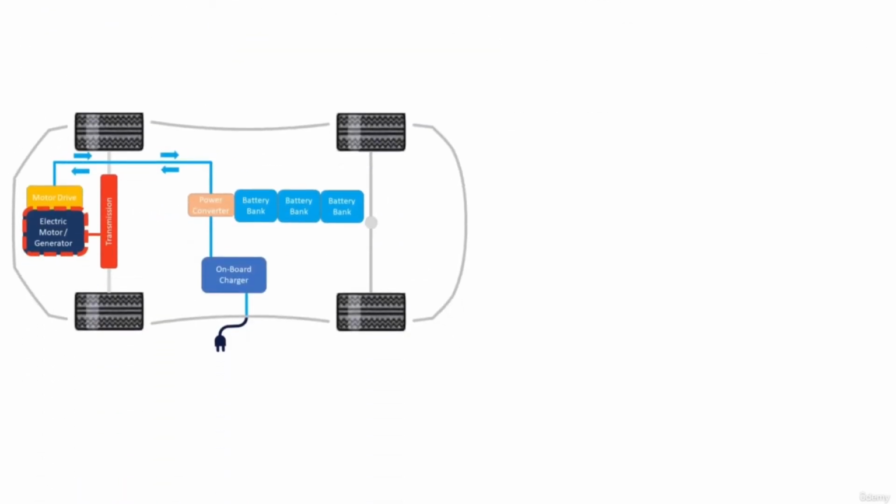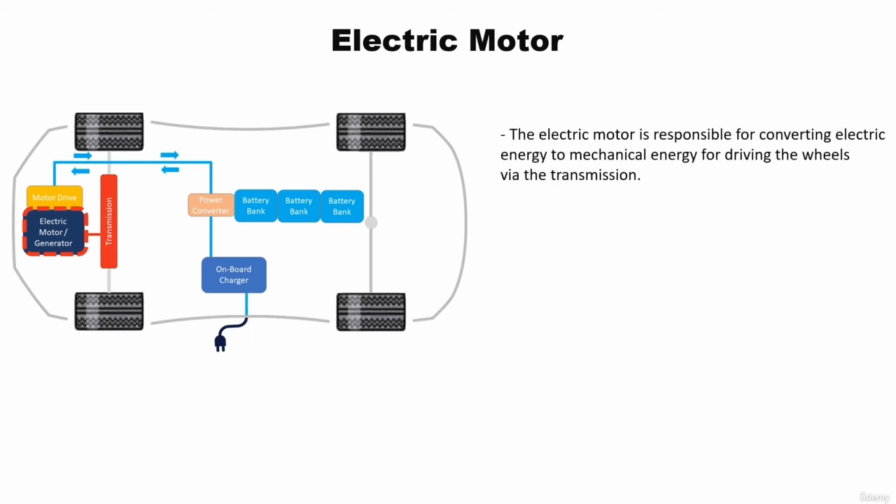We will now look at the electric motor, which together with the batteries are the two vital parts of the electric car. The electric motor is responsible for converting electric energy to mechanical energy for driving the wheel via the transmission. Normally, a single gear transmission with differential is used as opposed to variable gear found in combustion engine vehicles.